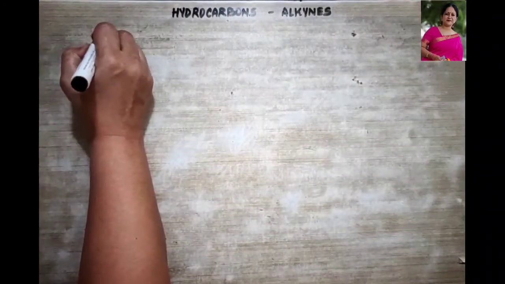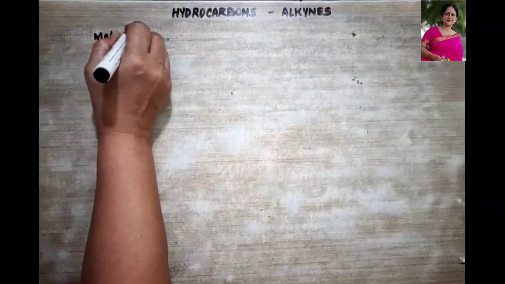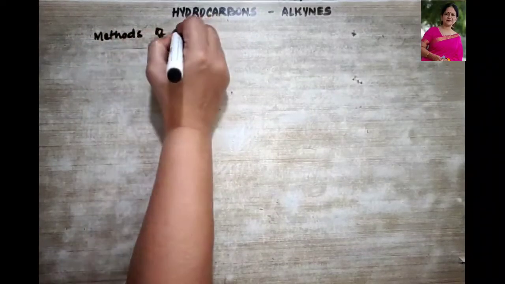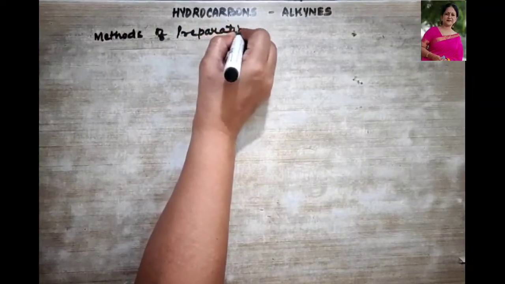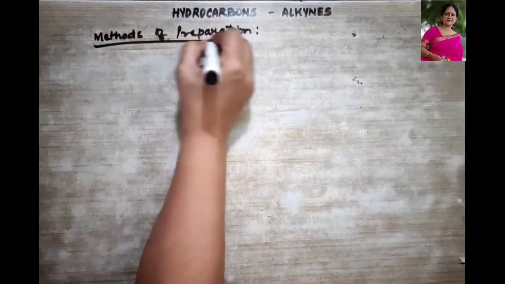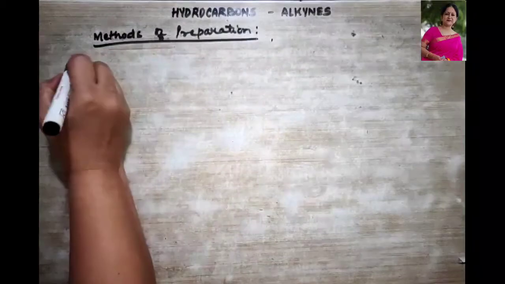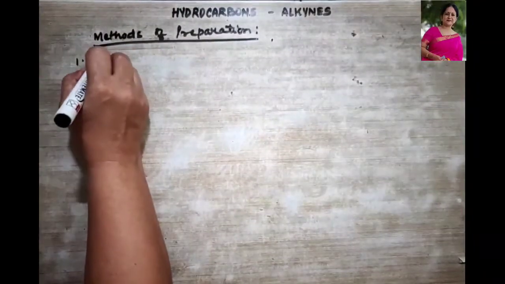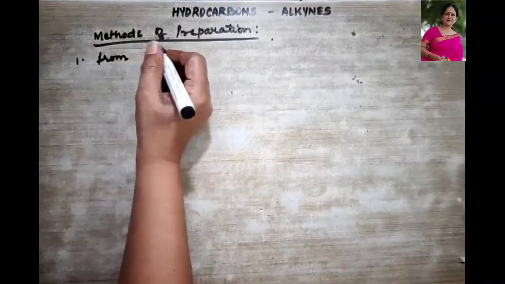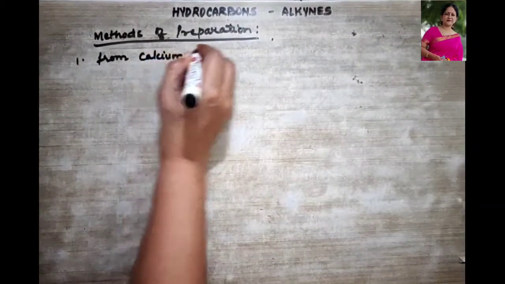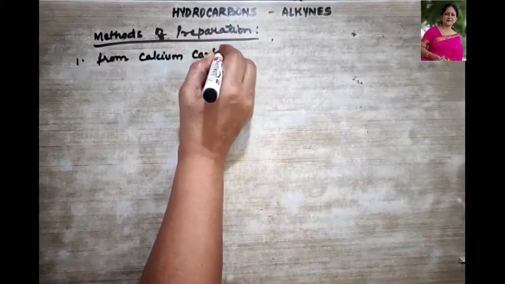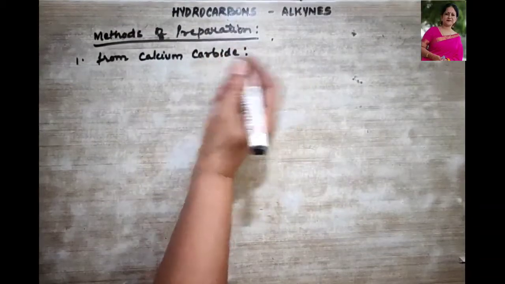Let us come to methods of preparation. So the first method is to prepare alkynes from calcium carbide, right?